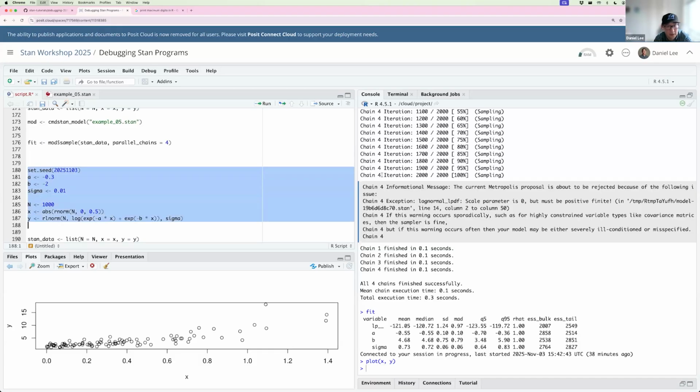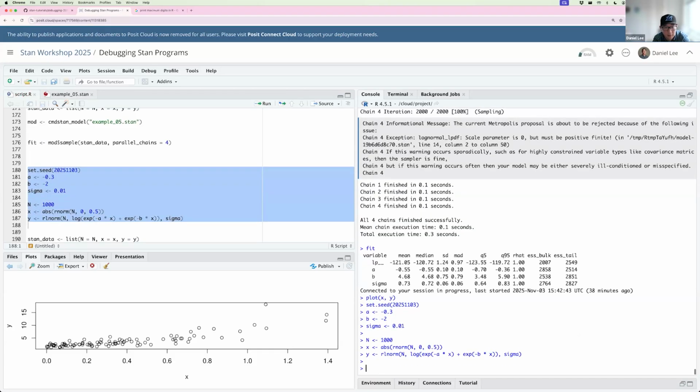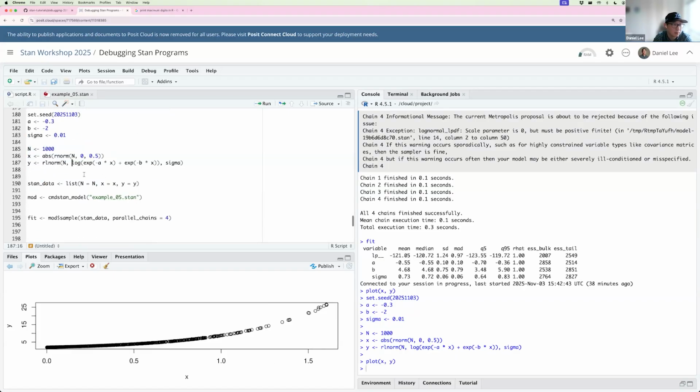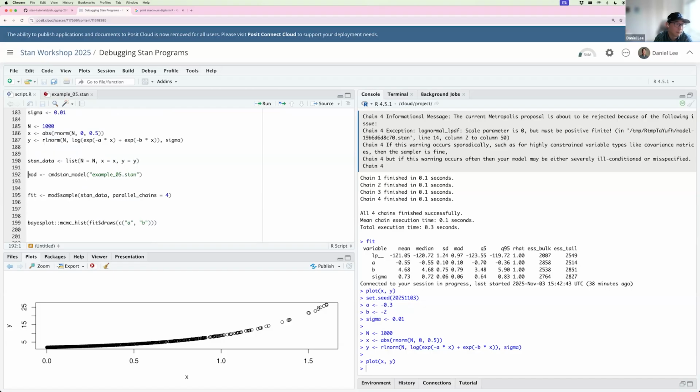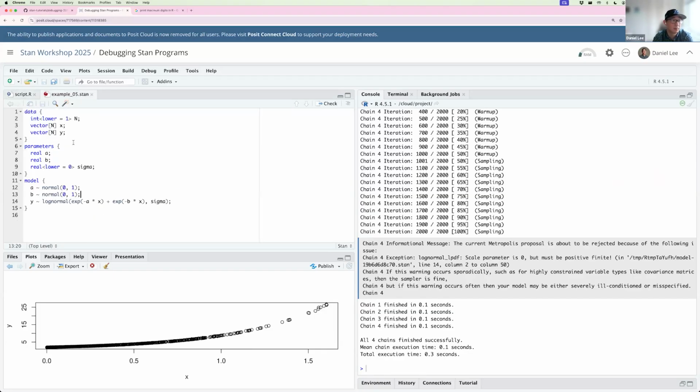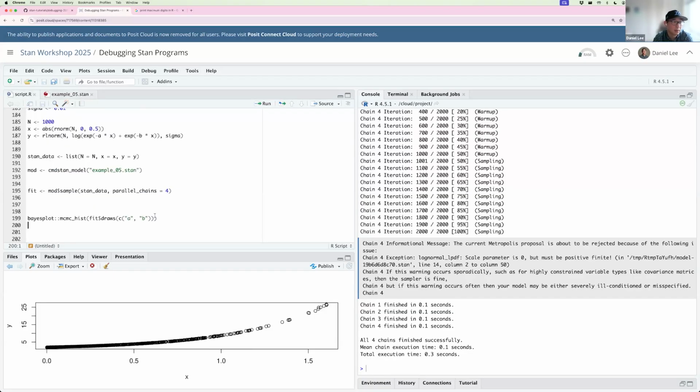So I'm making sure I know what's happening here. So that's what my curve looks like now with these two curves. I fit this model, right, the same program. I didn't change anything about the program. I just changed the data.